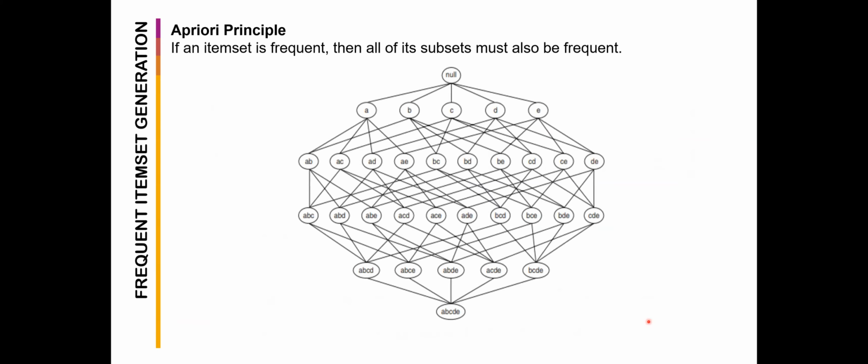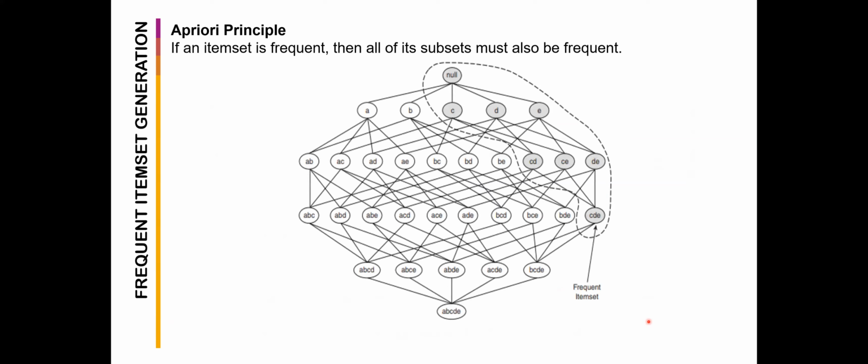Okay, so what is the Apriori principle? It simply means that if an item set is frequent, then all of its subsets must also be frequent. So in this case, if CDE is frequent, then we can consider that item sets CD, CE, DE, and CDE, and even the zero item set are all frequent.